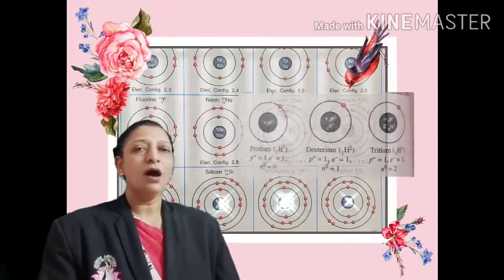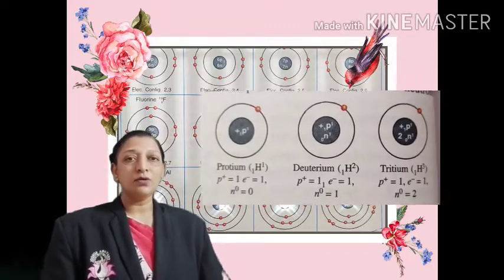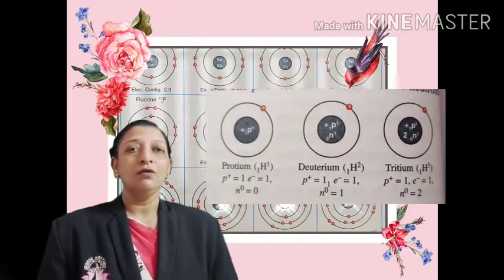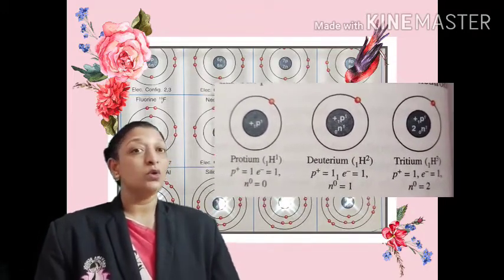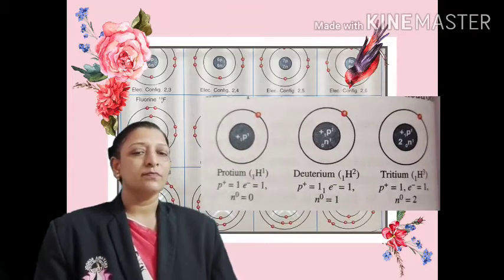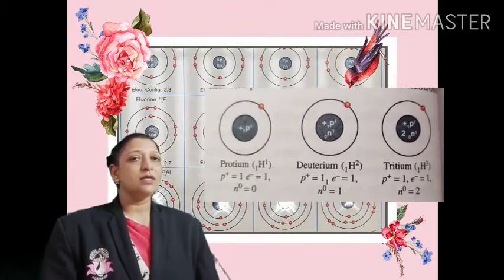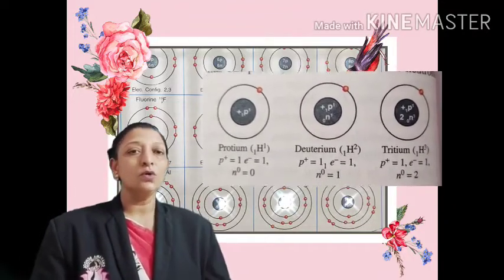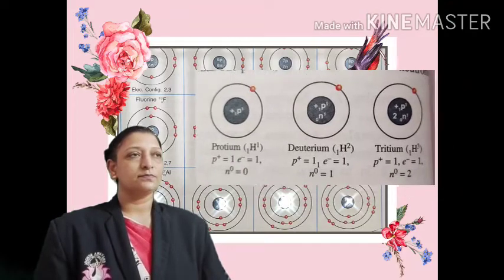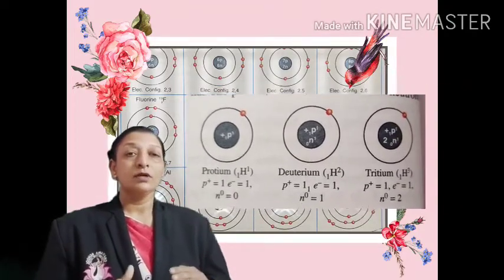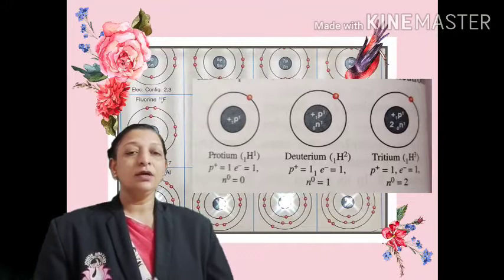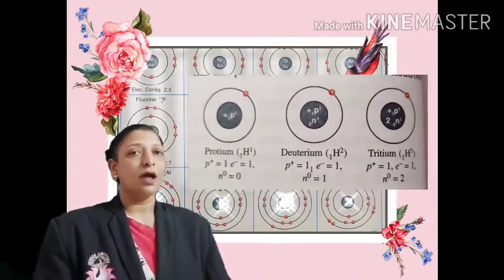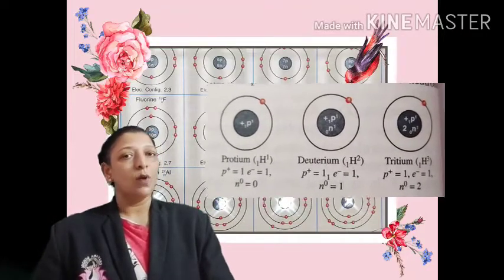Example of the element hydrogen. The hydrogen atom ordinarily has one proton and one electron with no neutron in its nucleus. It means its mass number is 1 and atomic number is also 1, which is known as protium. Deuterium is the heavy hydrogen with atomic mass 2 and atomic number 1.